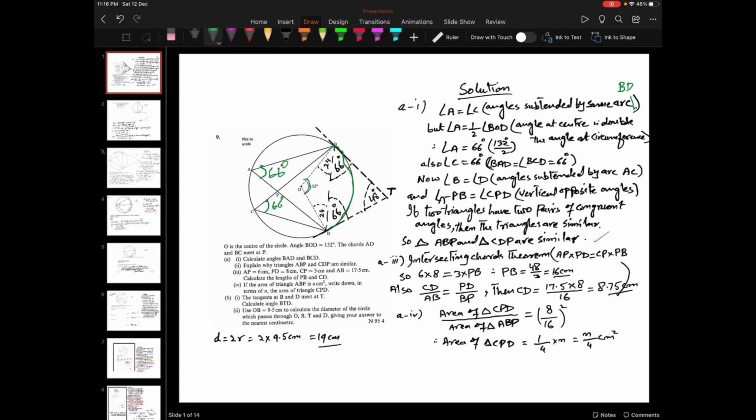Now angle B is equal to angle D. What's the reason? Angle subtended by arc AC. This arc AC is subtending angle B and angle D. So both are equal.